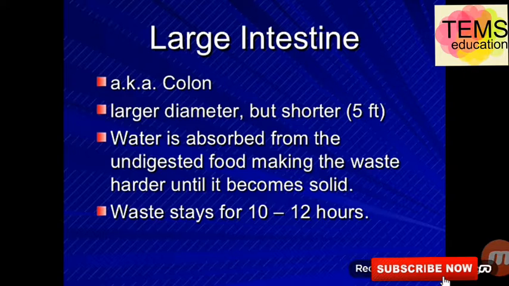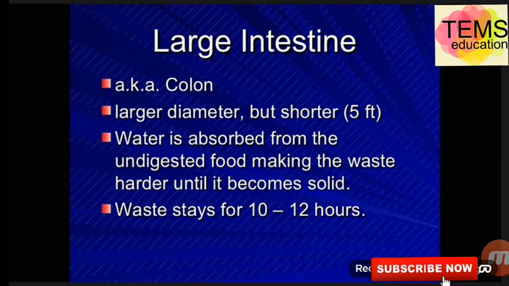It's only 5 feet long. Water is absorbed from the undigested food, making the waste harder until it becomes solid. Here the waste stays for 10 to 12 hours in the large intestine.